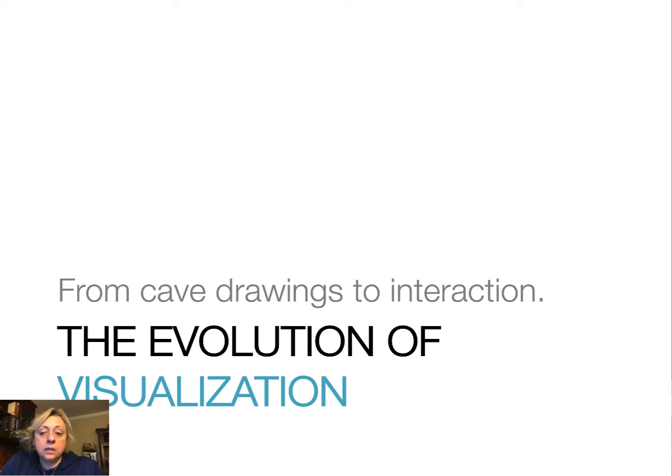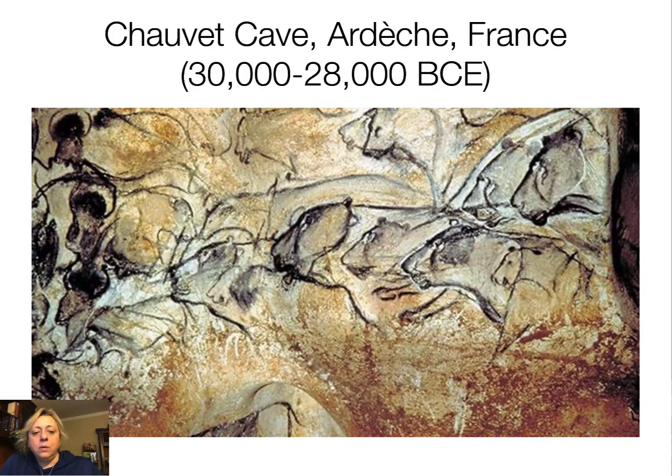So historically, where did the idea of visualization start? Going back to the drawings in the caves, a long time ago, before even the BC era. In France, 30,000 to 28,000 BCE, Chauvet Cave, Ardèche in France, which is dated, as I said, in BC.